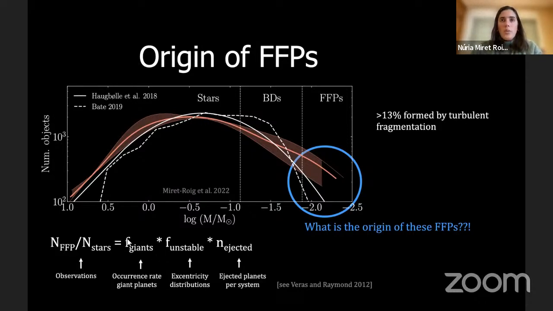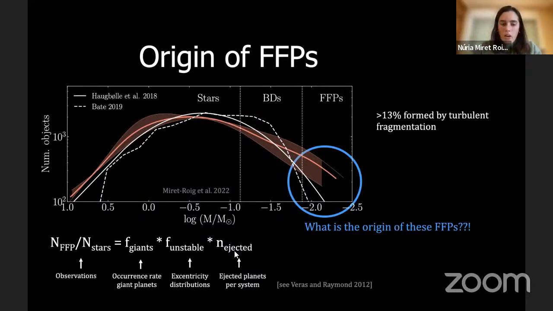This we get from statistics of exoplanetary systems, times the fraction of such exoplanetary systems that have very eccentric orbits, which eventually can be ejected. So these values come again from exoplanetary surveys and also from simulations on how these exoplanets can become unstable and be ejected.